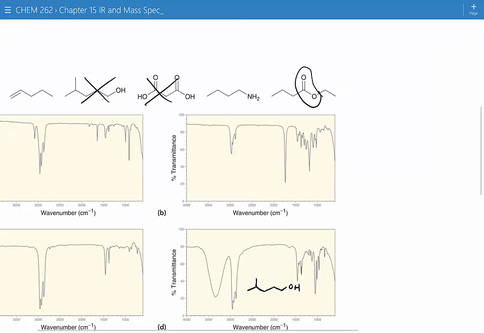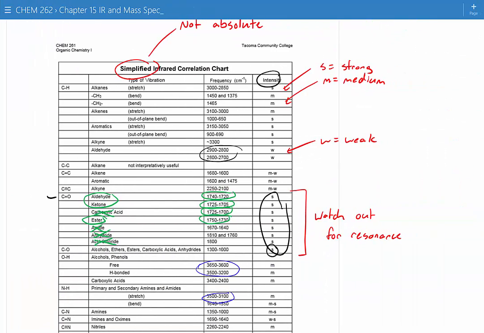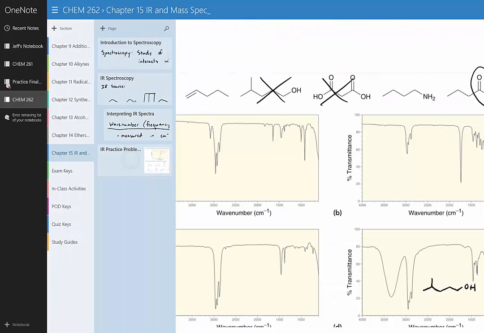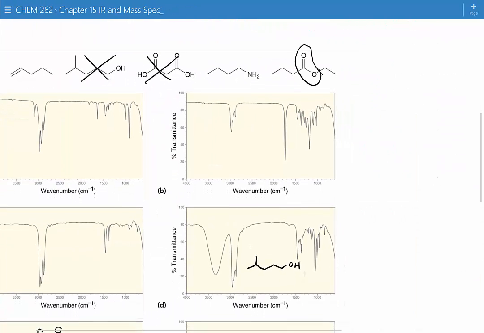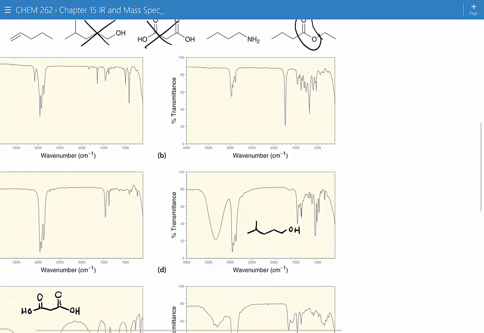So we know esters, go back to our chart. Esters show up between 1750 and 1730, assuming there's no resonance, right? So which one has a peak between 1750 and 1730? I'd say that one right there.